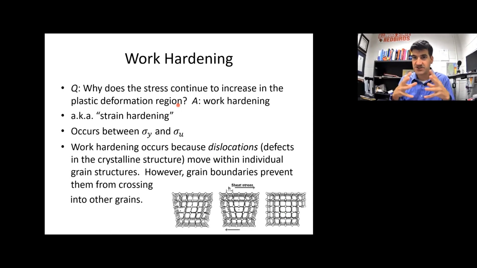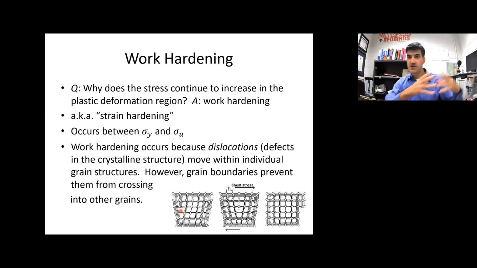In plastic deformation, you get some defects like right here in the lattice structure. Lattice structures are not always perfectly three-dimensional in all of the different dimensions. They're not perfect crystalline structures. It's very rare to have perfect crystalline structures. So there's oftentimes defects in these, like right there.